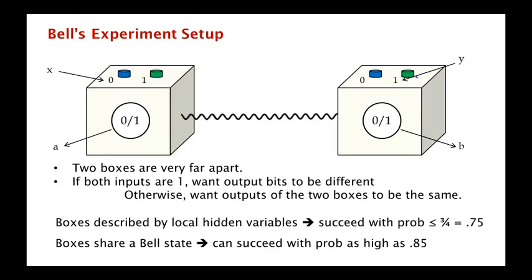On the other hand, if the two boxes share a Bell state, if they share entanglement, and if they measure these qubits in suitable bases, then they can succeed with probability as high as 0.85, cosine squared pi by 8. And in fact, in each of the four cases, they succeed with probability exactly 0.85 in that particular protocol.